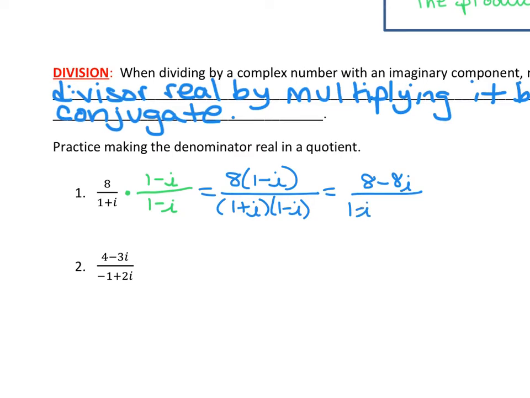Positive i times positive 1 is a positive i. And i times a negative i is negative i squared. So right away, you see we get our cancellation, and I have on the top 8 minus 8i. On the bottom, I have 1 minus i squared. i squared is a negative 1. So I have 1 plus 1, or 2.